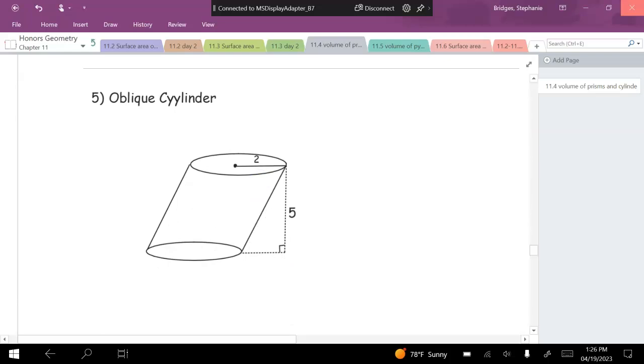Oh, same formula. And this is an oblique, right?